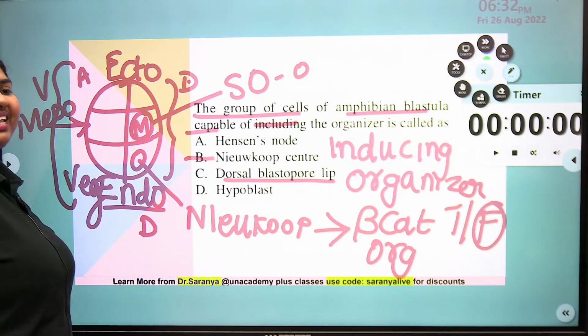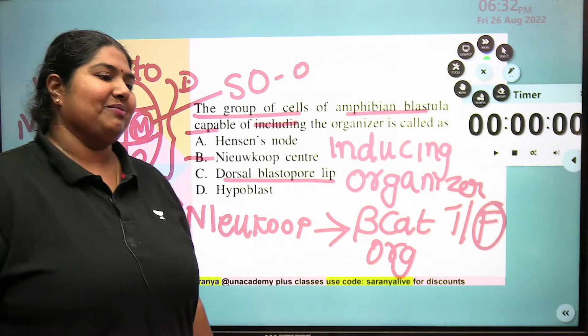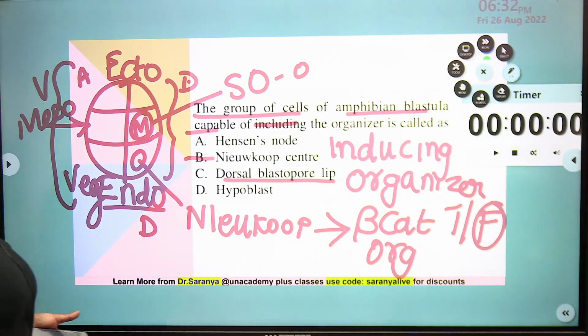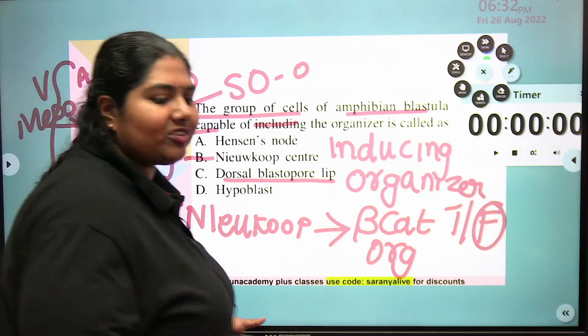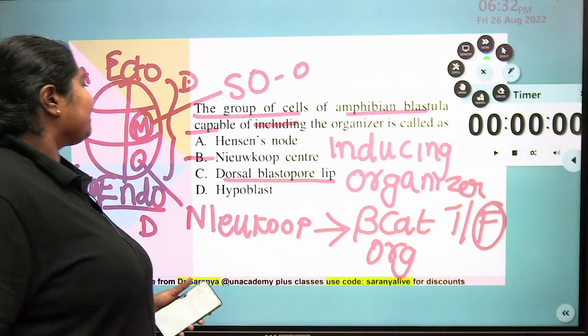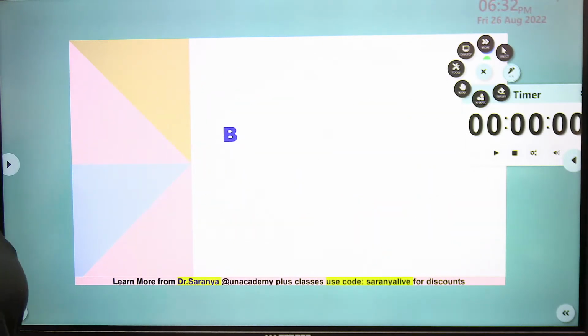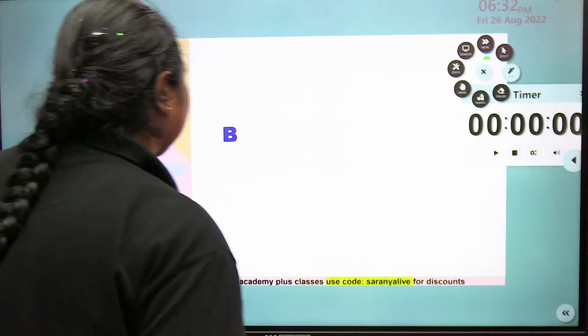The organizer should be present only in your mesoderm. It is not in your endoderm. So who is going to be the organizer then? Beta-catenin is not the organizer. Beta-catenin is simply inducing my mesoderm. Mesoderm is the organizer. So what are the organizer molecules?